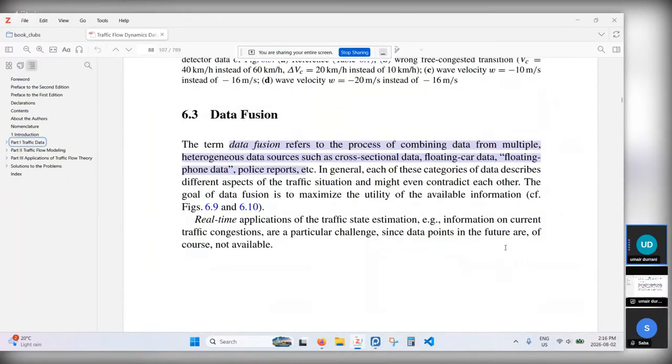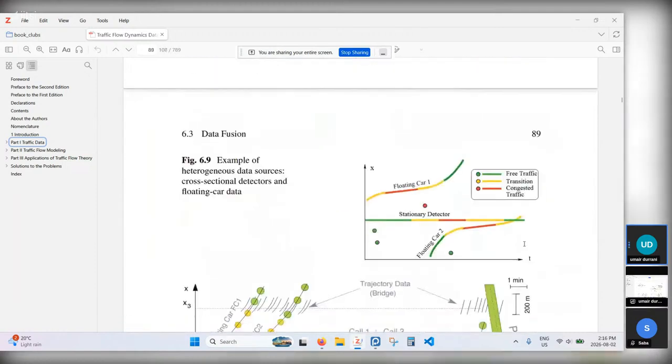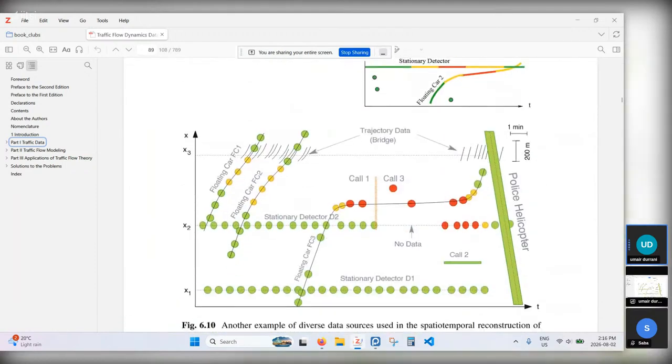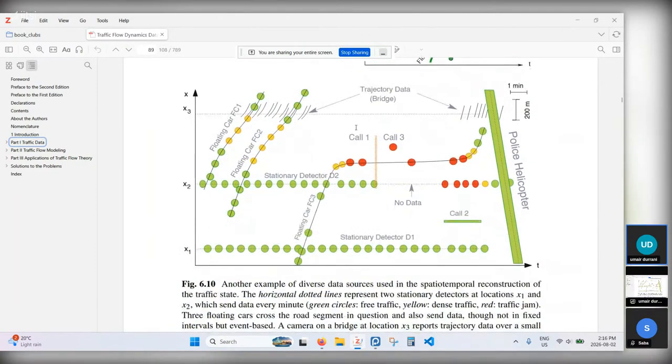The other section in this chapter is about data fusion, which refers to the process of combining data from different sources. That could be cross-sectional detector data, it could be floating car data, trajectories, phone calls from people who report incidents, and so on. And so there's this example in the chapter where an accident has happened somewhere in this location where we have floating car data information.